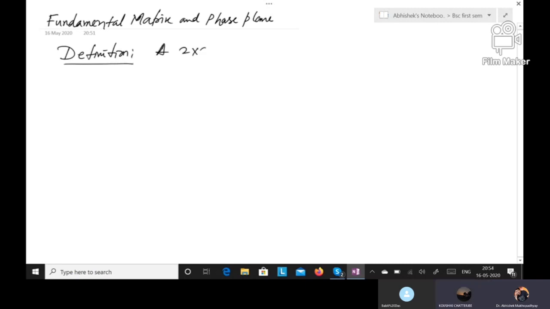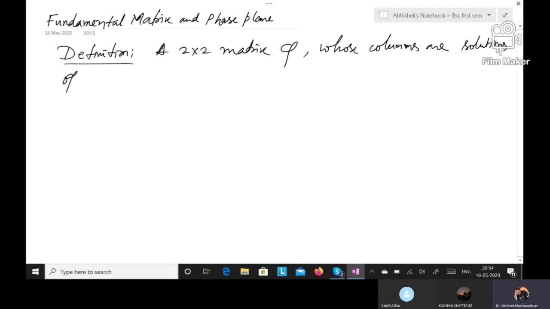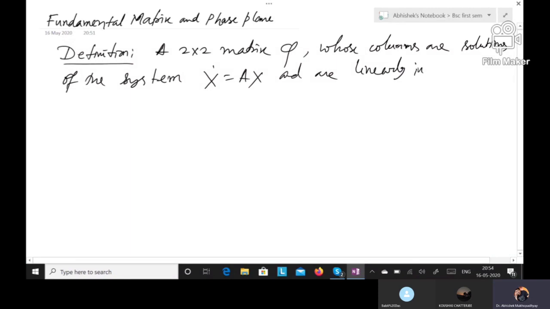That is a 2 cross 2 matrix phi whose columns are solutions of the system x dot equal to Ax, and the solutions are linearly independent at T0.